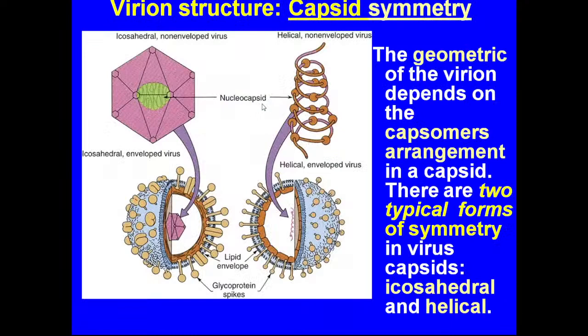Then, if we take a look at the structure of these capsids, they can be of two different types. You can see here the geometry of the virion, and it depends on the capsomer arrangement in a capsid.